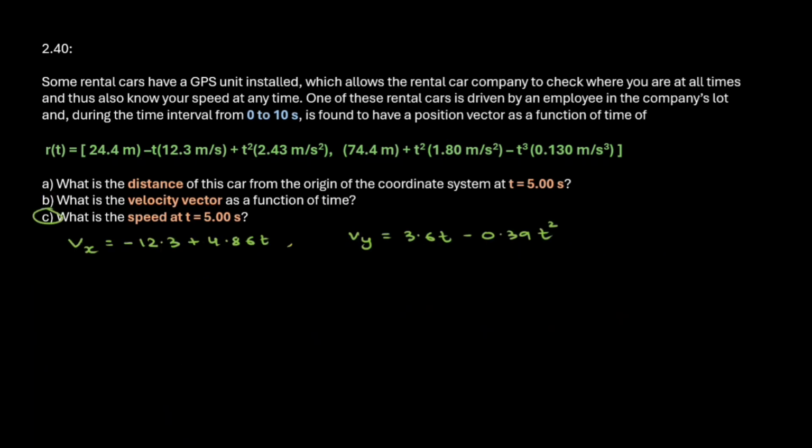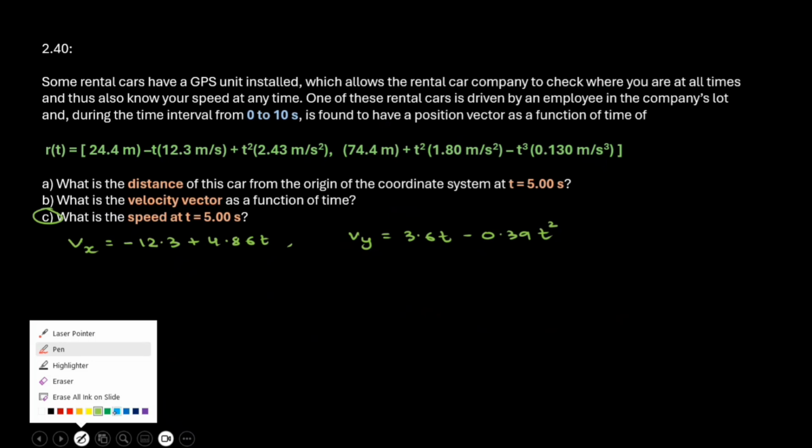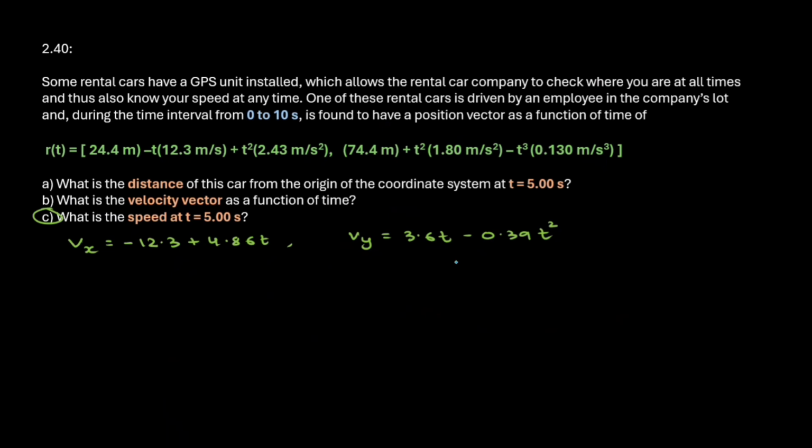In part C, we need to find what is the speed at t equals 5 seconds. To find the speed, we need to find the magnitude of velocity. And to find the magnitude of velocity, we need to know what is the x and y component of velocity. So we already know the velocity function. We will just substitute the value of time t to find x and y component at time t equals 5 seconds.